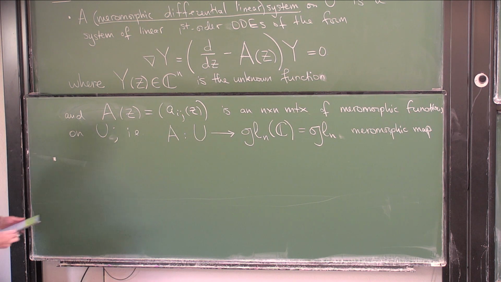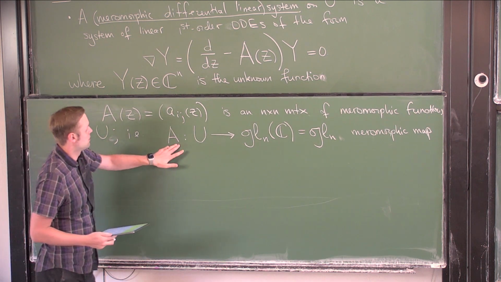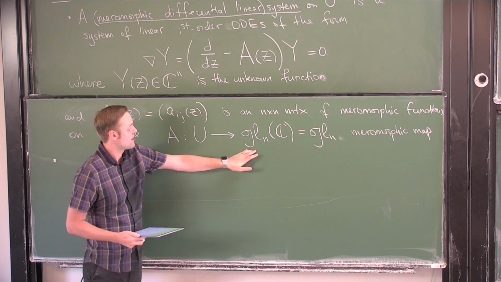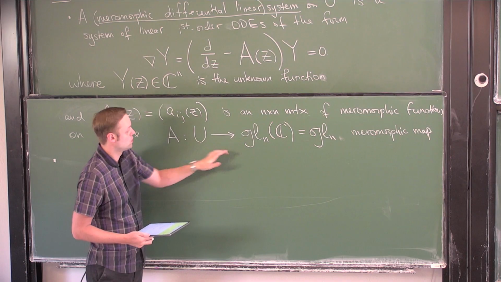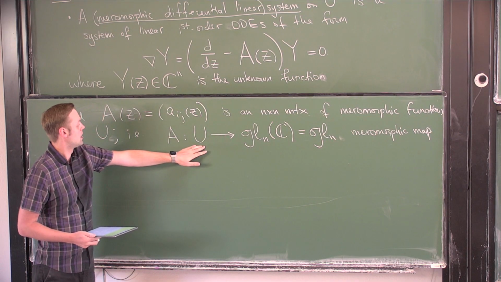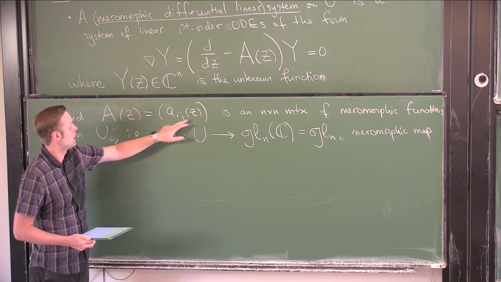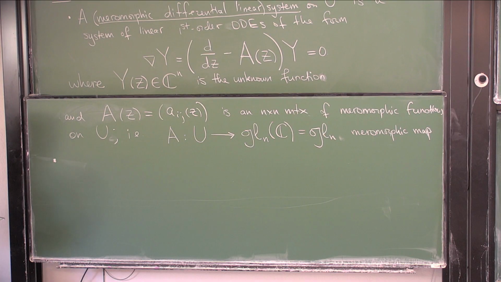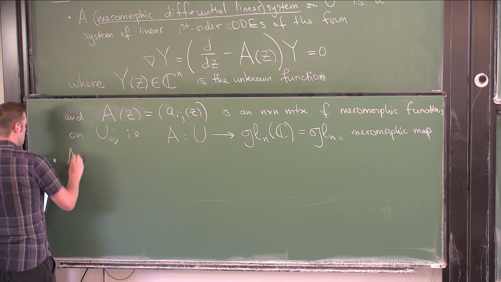So there are points where this map has singularities, the points where it has poles, since it's a meromorphic map and may develop poles. In other words, points in U where at least one of the coefficients A_ij has a pole. Those are very special points, so we'll give them a name.